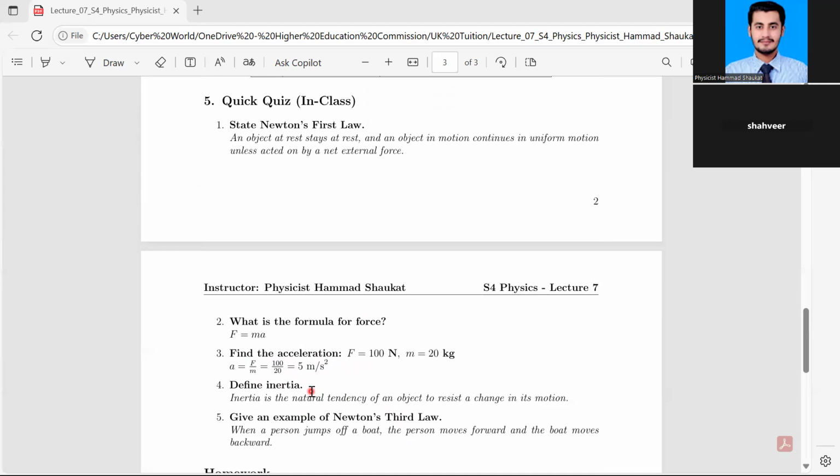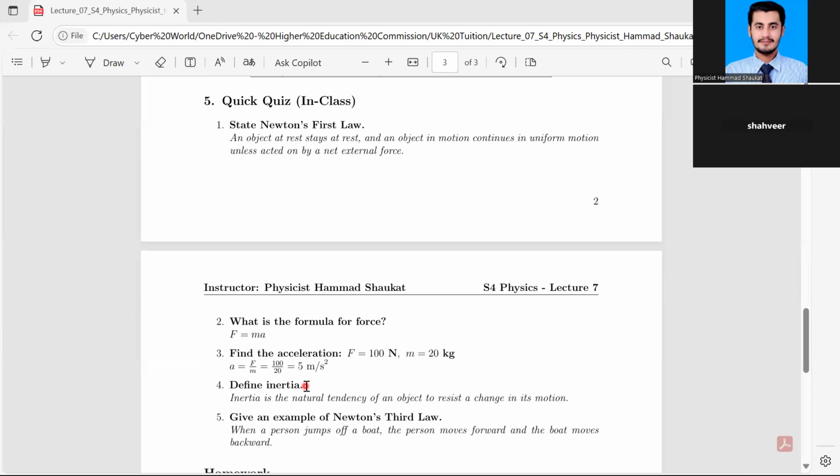Great. So can you define inertia? The more mass an object has, the less acceleration, and the less mass, the more acceleration it has. Yes.